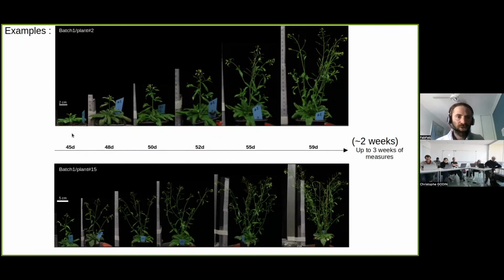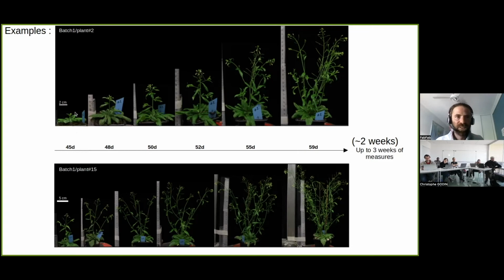So for example, you see that at this day, this plant was just bolting. The bolting phase is the phase where the main stem is growing out of the rosette. Just before, you have only a rosette and the plant is totally flat, at the ground level. Bolting is where the floral transition has just happened, flowers have been produced, and the first internodes below the first paraclades start to elongate, and then you see the stem emerging.